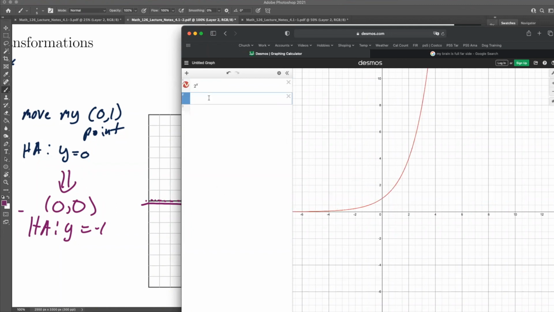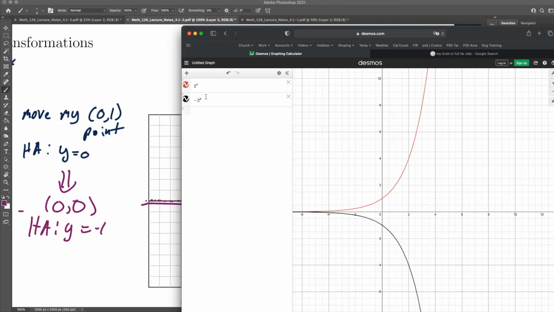Now if I take minus 2 to the x, remember, this is different than negative 2 to the x. Notice I graphed this, and it doesn't graph this. Why? Because it doesn't exist on this plane. It exists in the real imaginary plane, so it's a whole different beast.